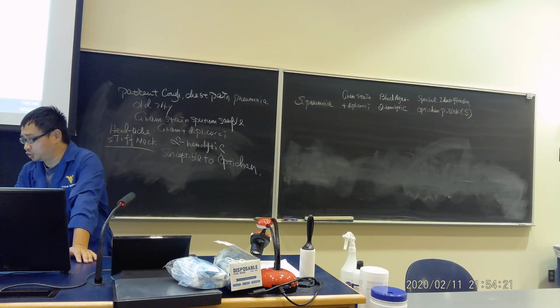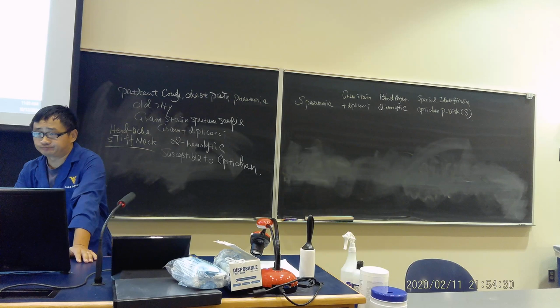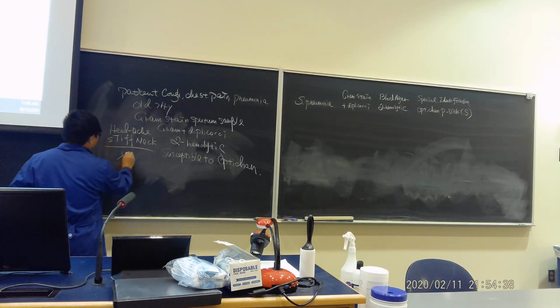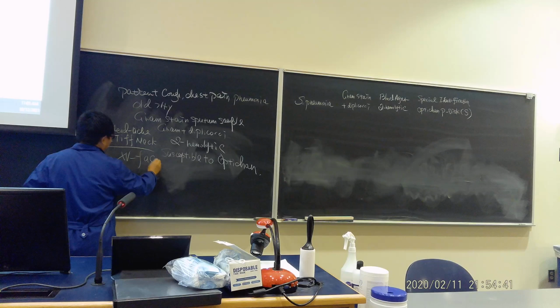Then they took a sample on blood and chocolate agar and found it only grows on chocolate agar. If it only grows on chocolate agar, what does that mean? It's a fastidious bacteria, and they need X and V factors.